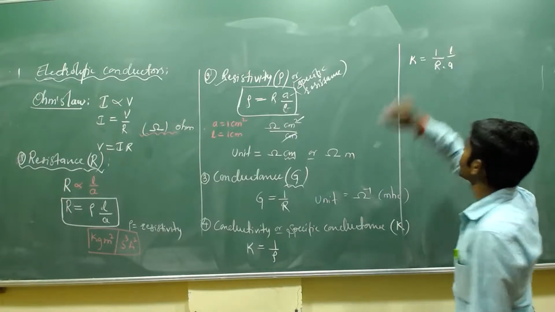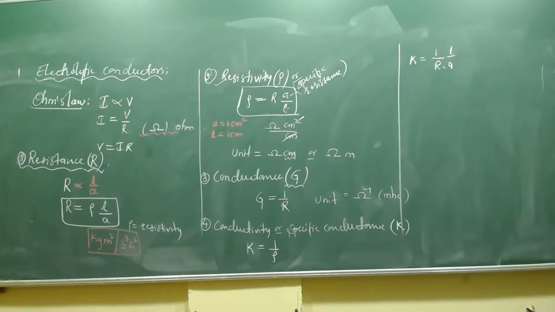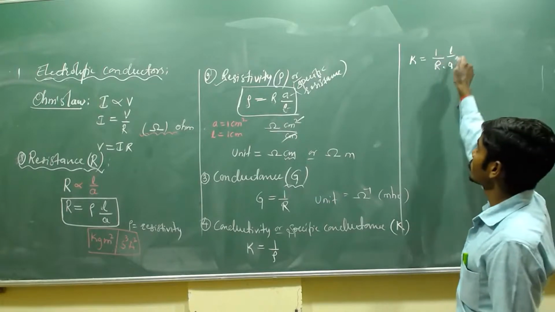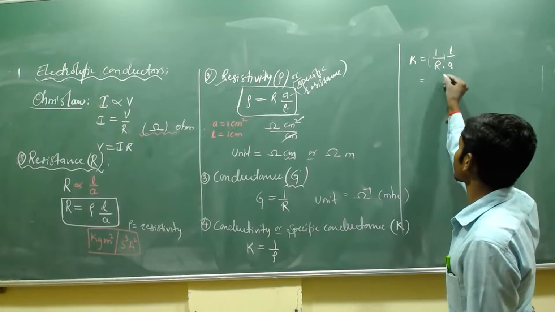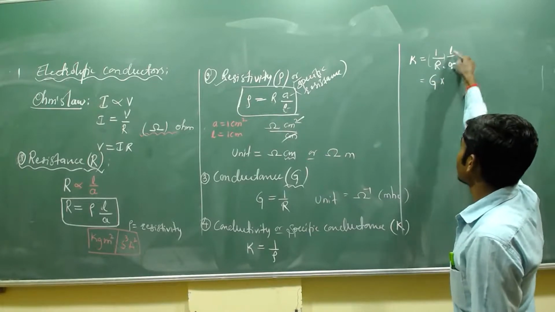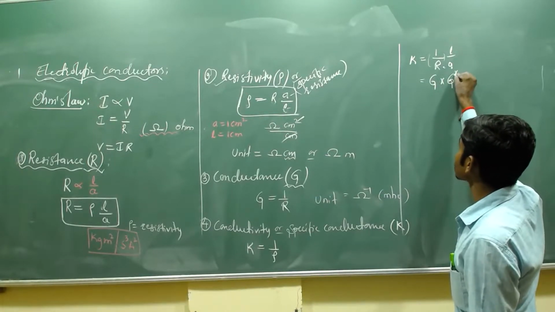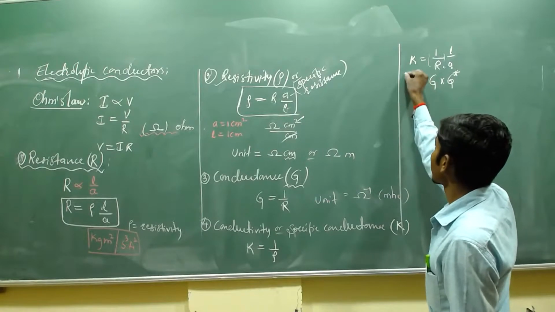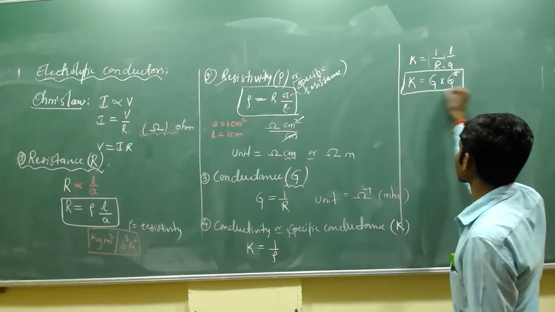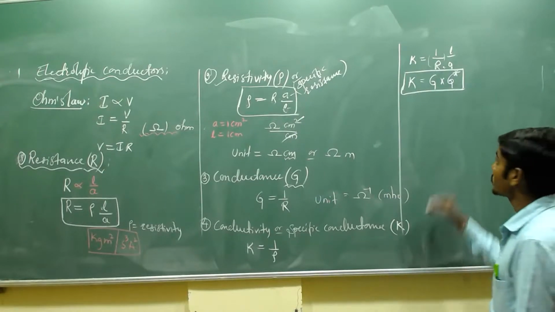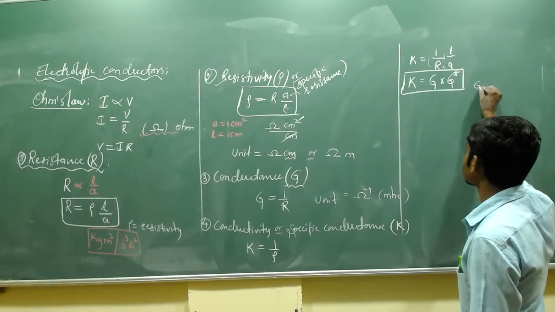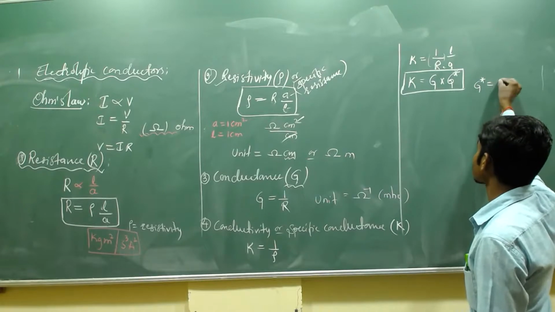So this goes to the numerator. So 1 by R into L by A. This 1 by R term is nothing but conductance, and this L by A is taken as cell constant. It is represented by G star. Conductivity is equal to conductance into cell constant, where G star is the cell constant.